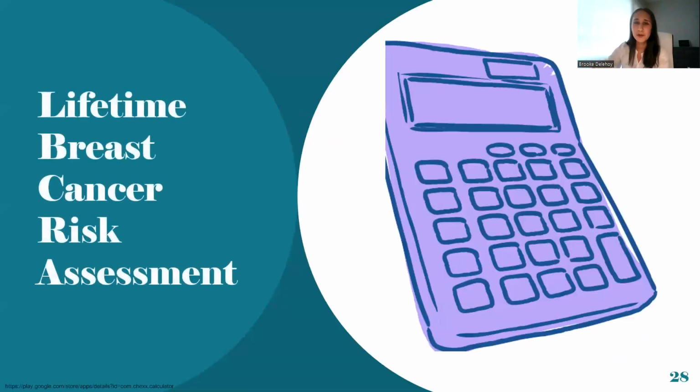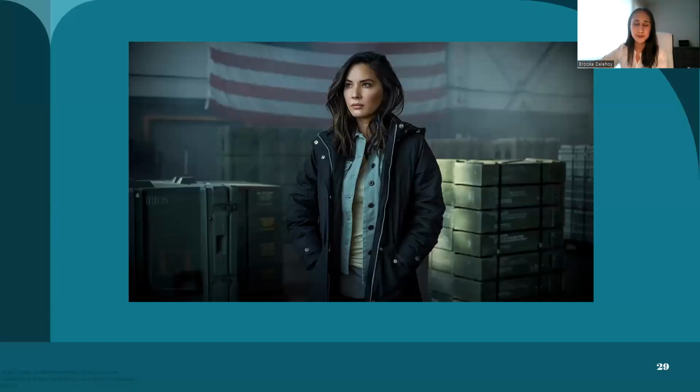I'm talking a lot about risk calculations, and some people may be wondering, how do we determine that? What is a lifetime breast cancer risk assessment? And this was inspired by the recent coming forward of a very famous actress, Olivia Munn, when she came forward with her breast cancer diagnosis.